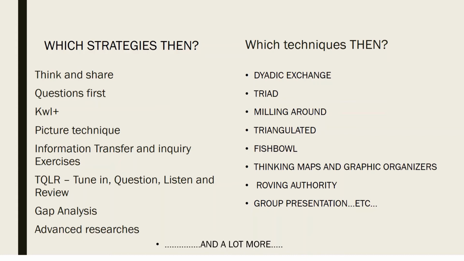So there will be maximum participation of every single member of the group. And then we have here the fish bowl. Everybody knows this one: names are placed in a bowl, and then each one will be picked so that they will be given the opportunity to answer.